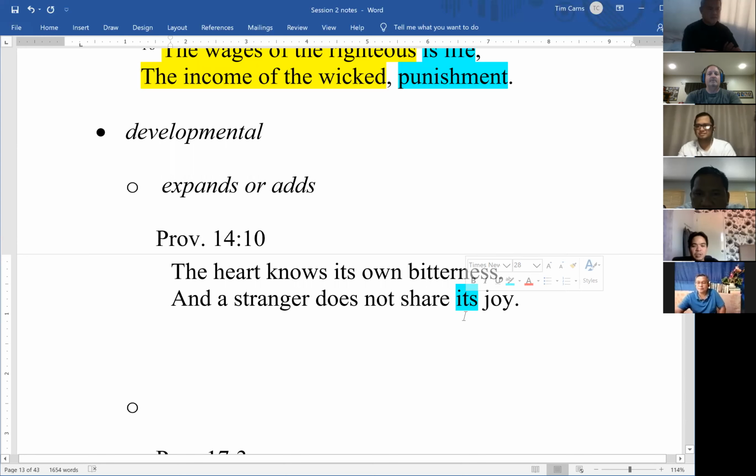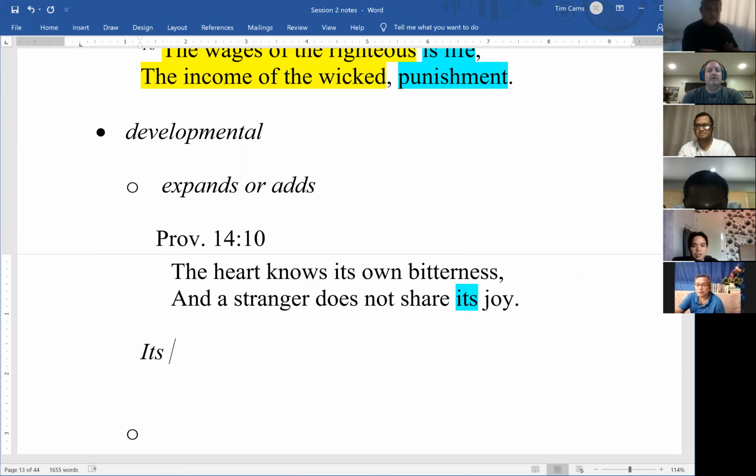Bitterness. The it's is referring to the heart's bitterness, right? So the second line is adding more information to the first. It's expanding. One, the heart knows its own bitterness, and two, a second thing about the heart is that a stranger does not share its joy, whatever that means. But here we're just looking at the kind of parallelism. So expansion or addition is the idea. All right, good.